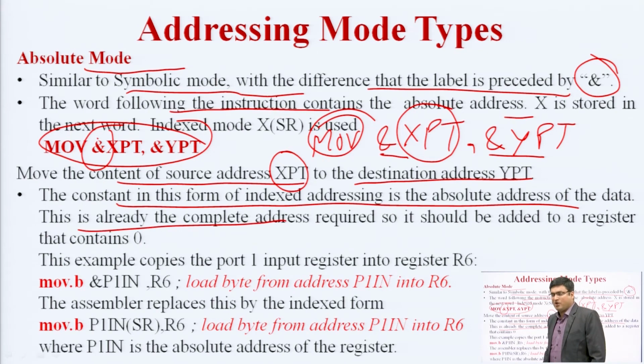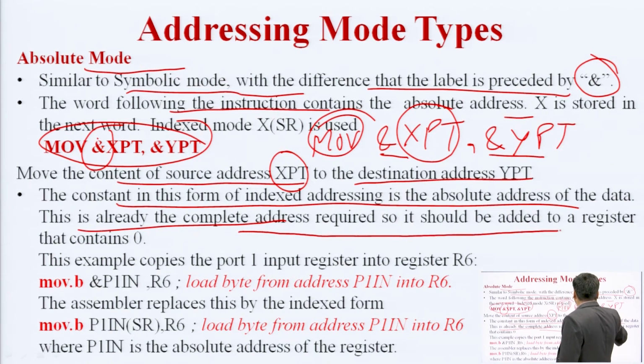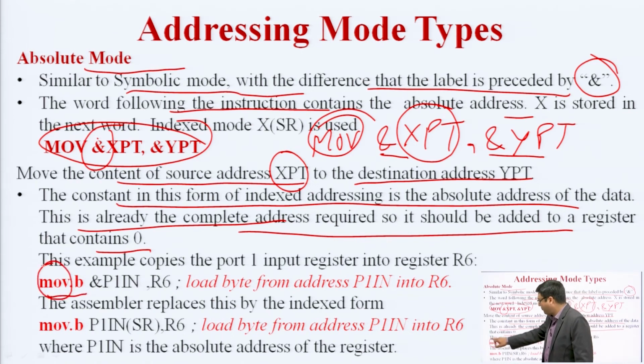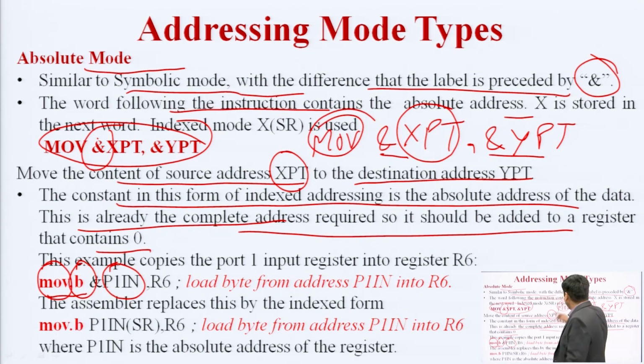Not a direct value, not an index value, and not a symbolic value. This is already the complete address required, and it should be added to a register that contains 0. For example, let us consider the example MOV.B. MOV is the opcode, and .B represents a byte value, that means 8 bits. So, there are 8 ports.